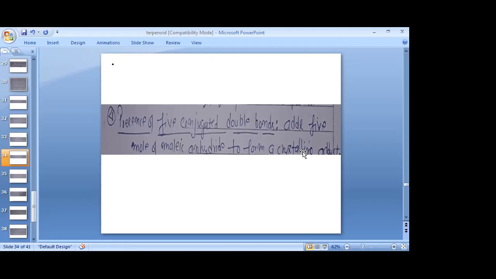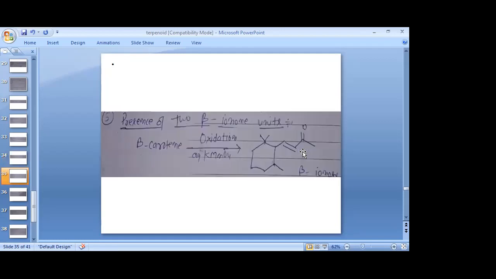So when it absorbs 5 molecules of maleic anhydride, we can say there are 5 conjugated double bonds in beta carotene, right? This is also an important point, how many conjugated double bonds exist, determined by maleic anhydride.